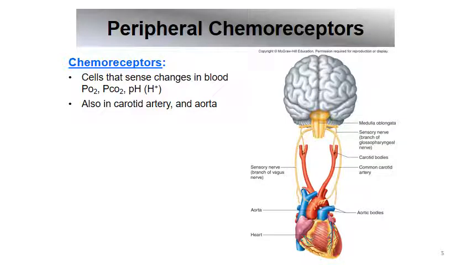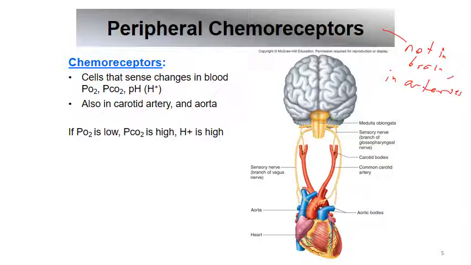Chemoreceptors are also found in the arteries. These are called the peripheral chemoreceptors, meaning chemoreceptors that are not in the brain but in our arteries. They can be found in the carotid artery and the aorta.